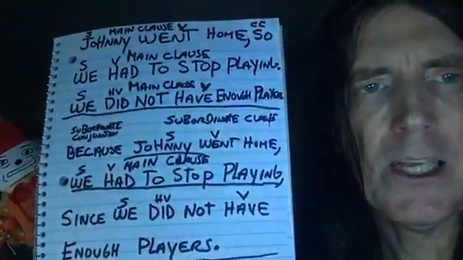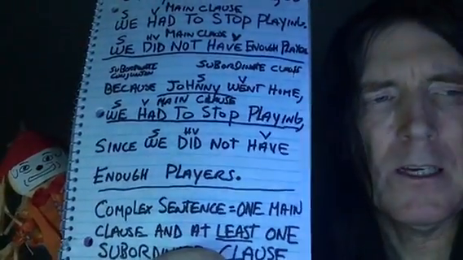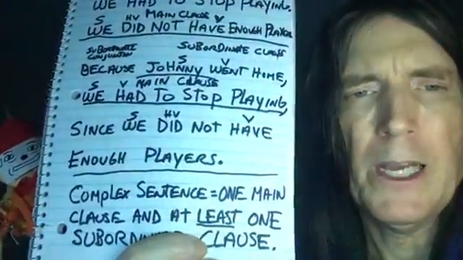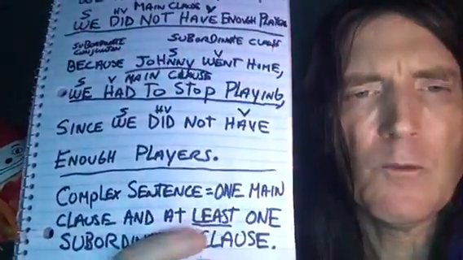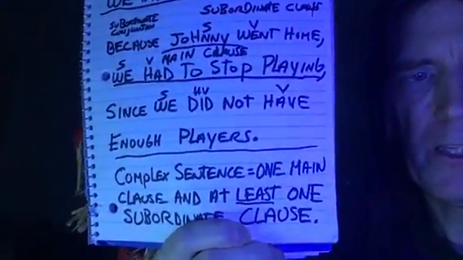And this sentence here would be a complex sentence. A complex sentence has one main clause and at least one subordinate clause. One main clause and at least one subordinate clause.